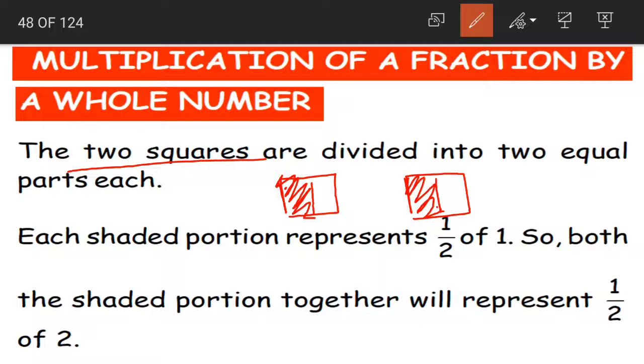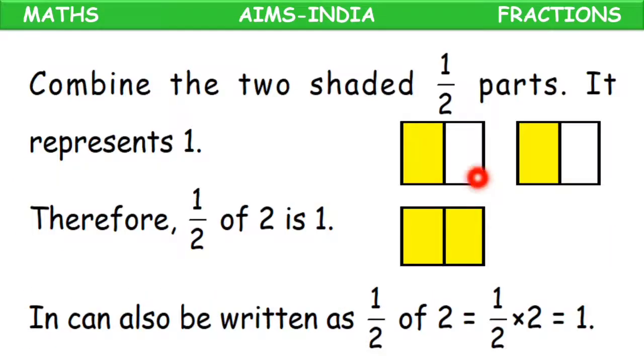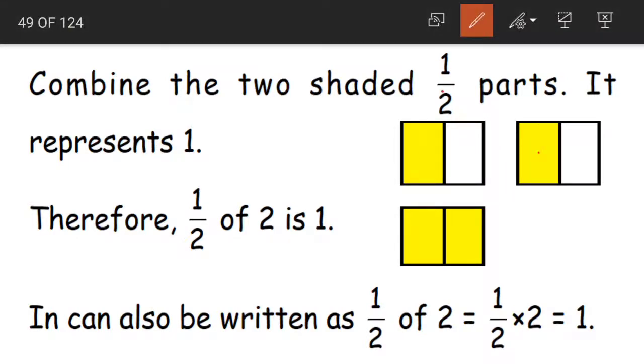They are nothing but the same squares which are divided equally into two parts, and only 1 by 2 is shaded. See, 1 by 2 and 1 by 2. This represents 1 by 2 of 1. And if we combine both of these shaded parts together, we are having two 1 by 2 shaded parts.